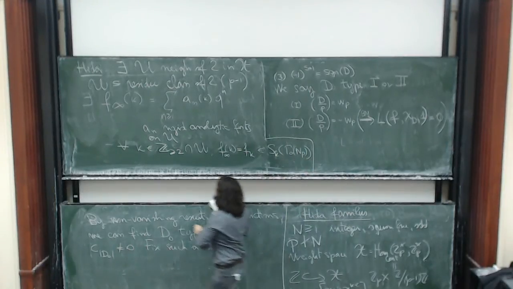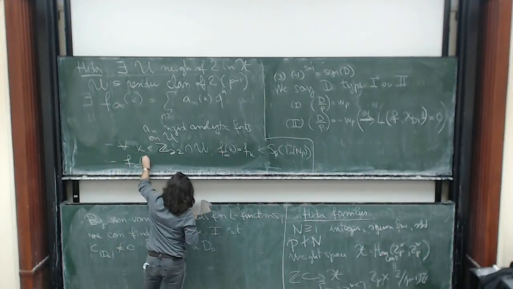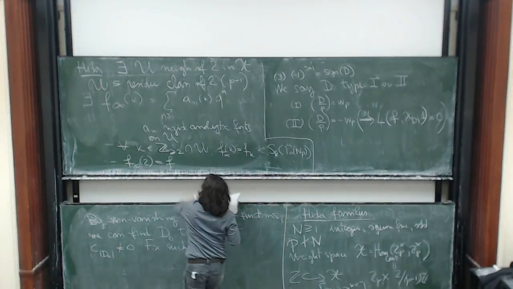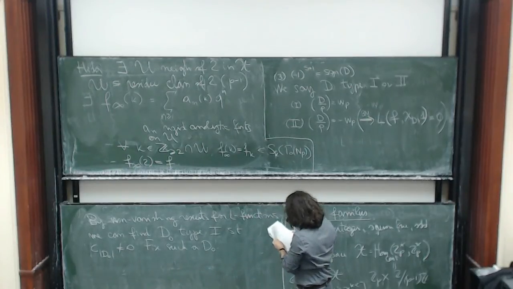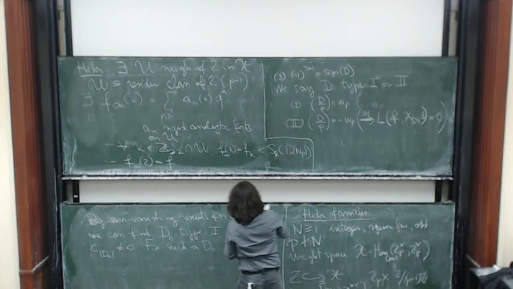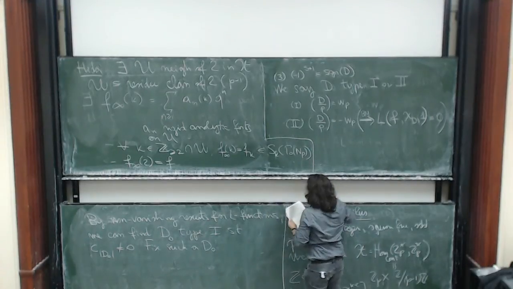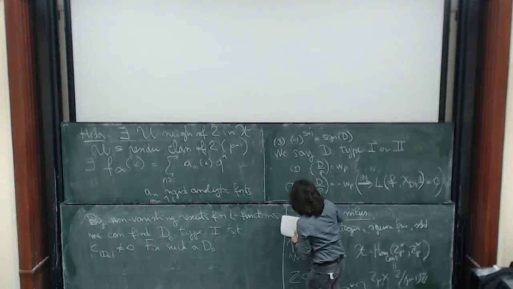And of course, we want that f infinity of 2 is our form f. Okay? I have always some troubles with the blackboards.